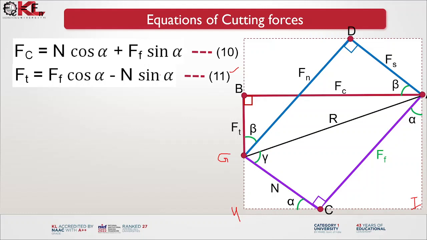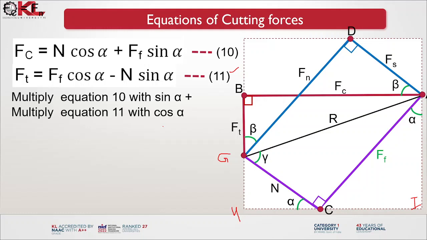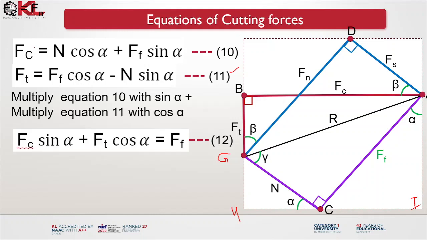Now here we have derived these two equations. From these two equations, we need to find the frictional force and normal force. Similar to earlier, for simplification, multiply equation 10 with sin alpha plus multiply equation 11 with cos alpha, then you can obtain the frictional force.